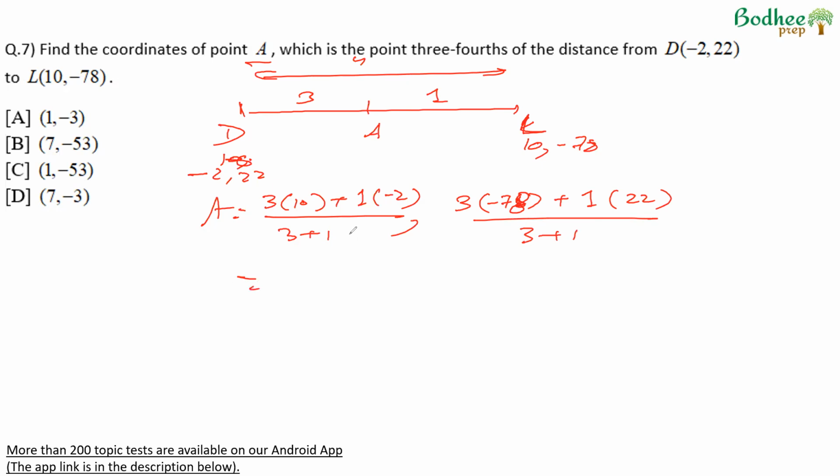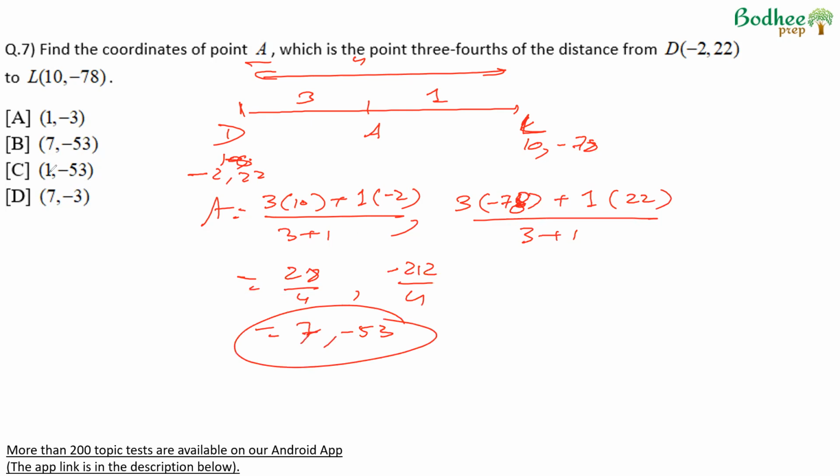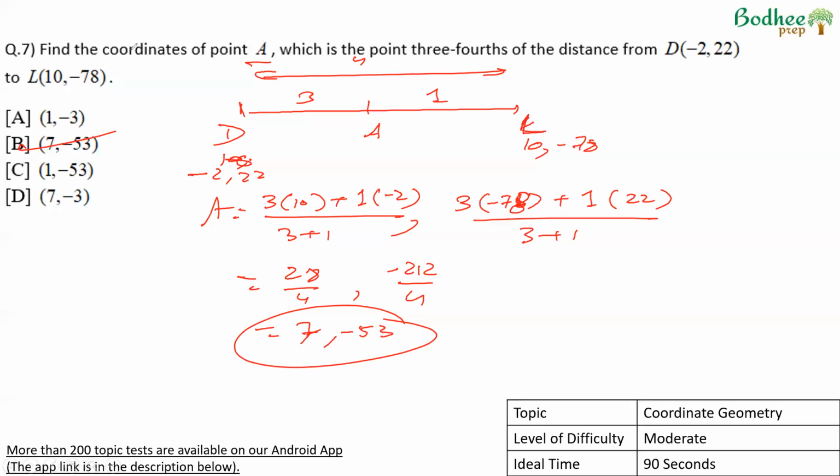So this becomes 30 minus 2, 28 by 4, which is 7. This becomes 3 into minus 78, 210, 224, 224 minus 224 plus 22, 234 minus 212 upon 4, which will be minus 53. Therefore, the coordinates of A are nothing but 7 minus 53. Option B, easy question. Just putting the formula and solving. About a minute and a half to solve.